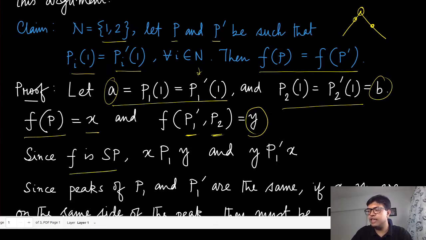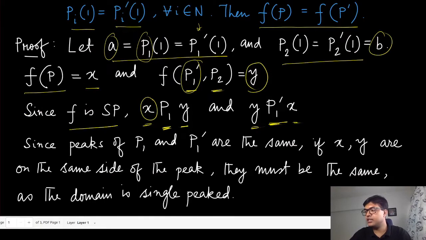Since f is strategy proof, under the preference profile P1, X should be more preferred than Y, because here it is assumed that P1 is the true preference and P1 prime is the misreported one. If player 1's true preference was P1, that agent should have preferred X more than Y. Similarly, you can say the same for the other preference: now Y will be more preferred than X.